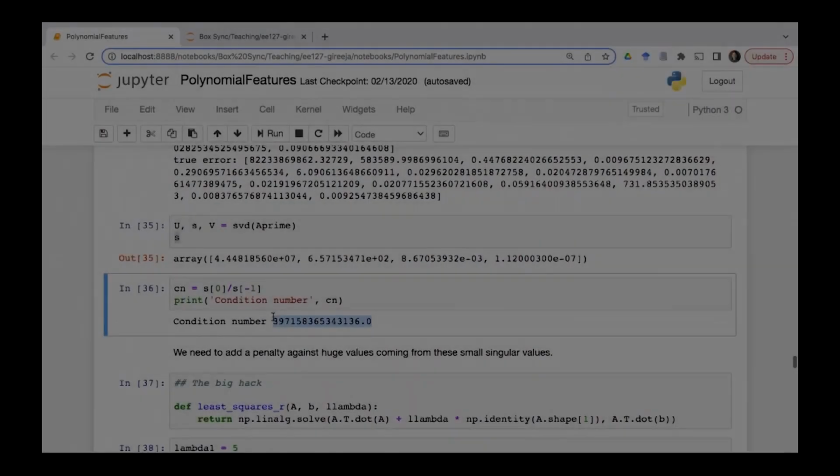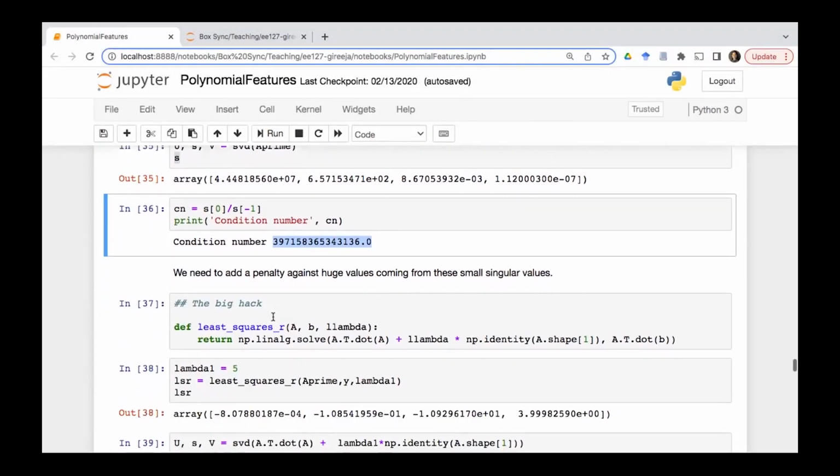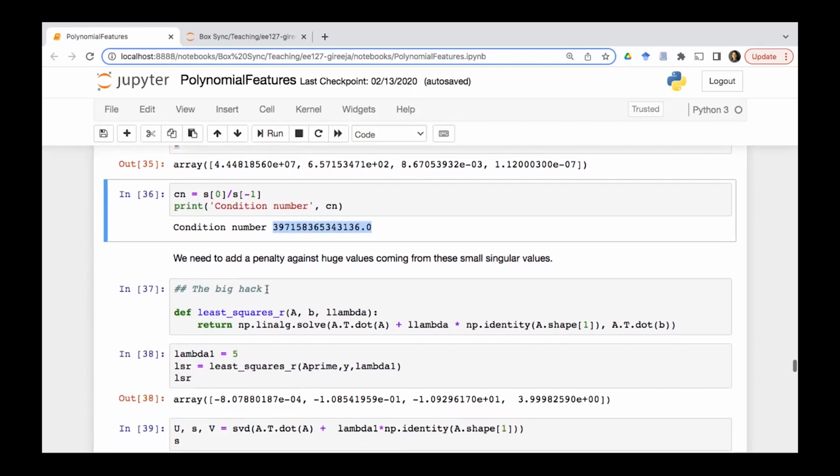Okay? Good. So now what are we going to do? We have a bad condition number. We need to make the condition number smaller, right? So we have this big A transpose A inverse that is a problem. What we're going to do is what I call this big hack.